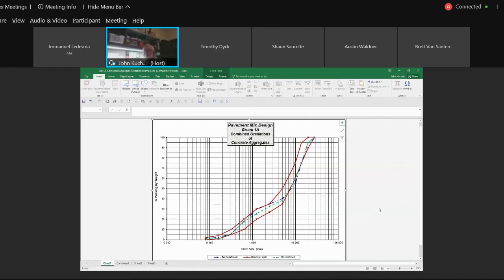Typically with asphalt, the province here, or City of Winnipeg, you'll have 4 aggregate types. We'll use 4 different aggregates to blend to get the aggregate gradation. Here, we're only using 2, the coarse and the fine. So if the coarse is out to lunch and the fine is out to lunch, you can blend all you want. You may not get it in spec.